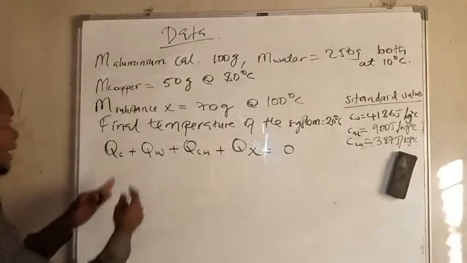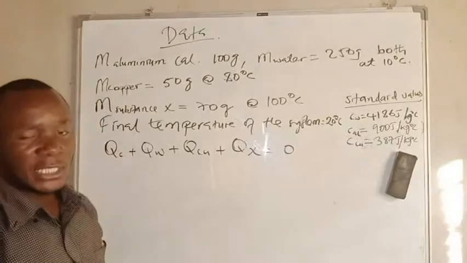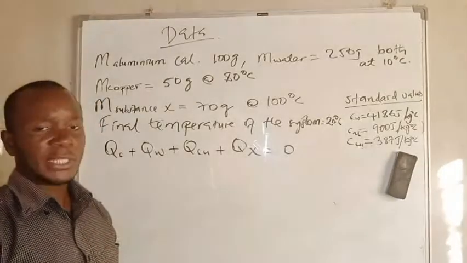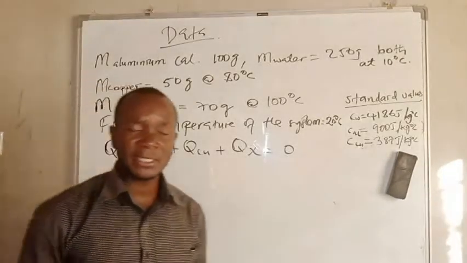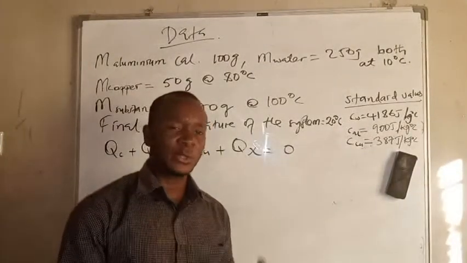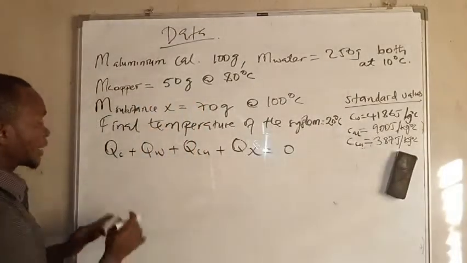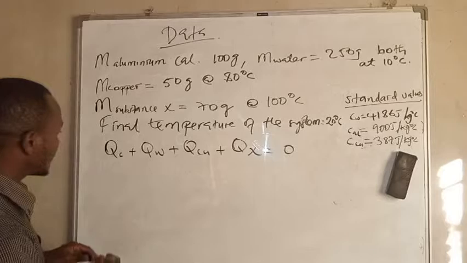Now, we know that heat energy is calculated using the formula Q equals mc delta T, where m is the mass, c is the specific heat capacity of a substance, and delta T is the change in temperature. So we are going to apply this to all these quantities.